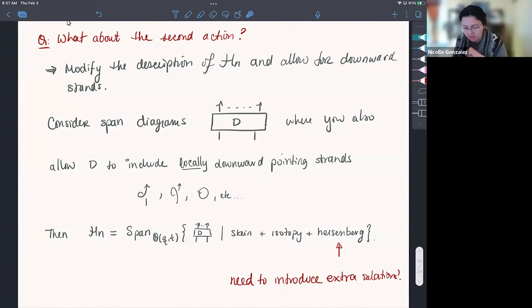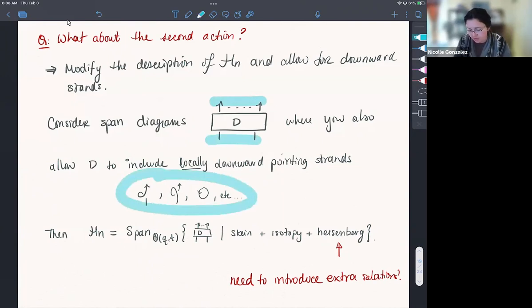And to do that, we're going to modify the description of the Aqt algebra to not only include upward pointing strands, but to include locally downward pointing strands, right? Which is to say, we want diagrams that still, at the boundary are just upward pointing, but somewhere in the middle, we're going to allow things that potentially point downward.